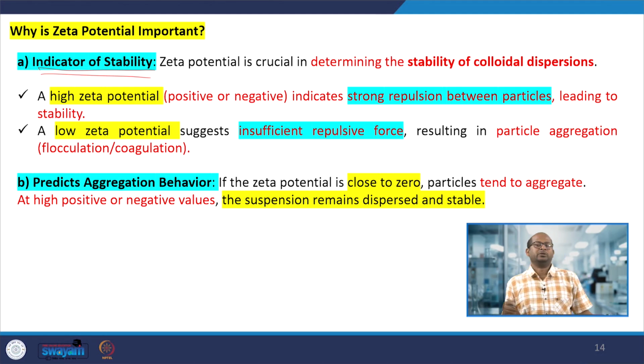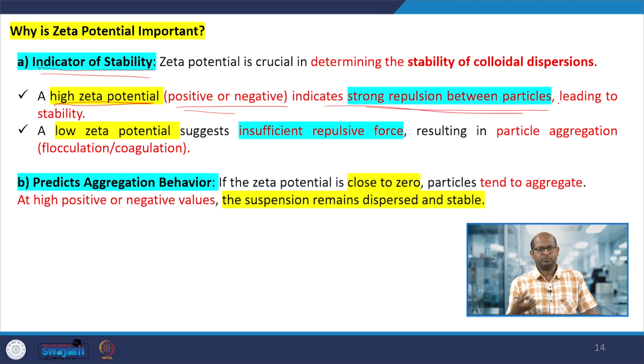A high zeta potential, either positive or negative, indicates strong repulsion between particles, so the particles remain in the solvent. So if it is a high zeta potential, then that indicates a stable solution.